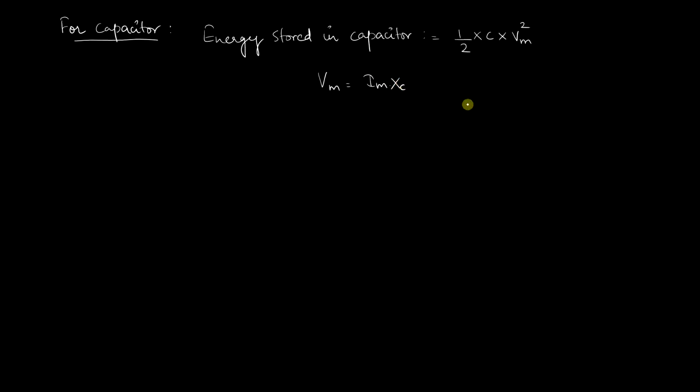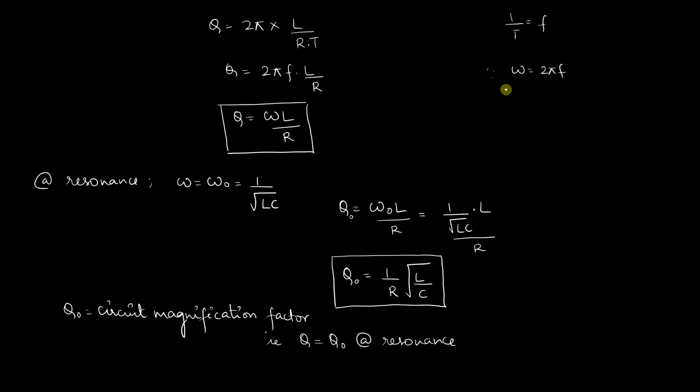Xc. So substitute this here. So you have the energy stored. Let me represent this as E so that it's easy. E is equal to half into C into Im into Xc the whole square. So let me name this as equation number 3.